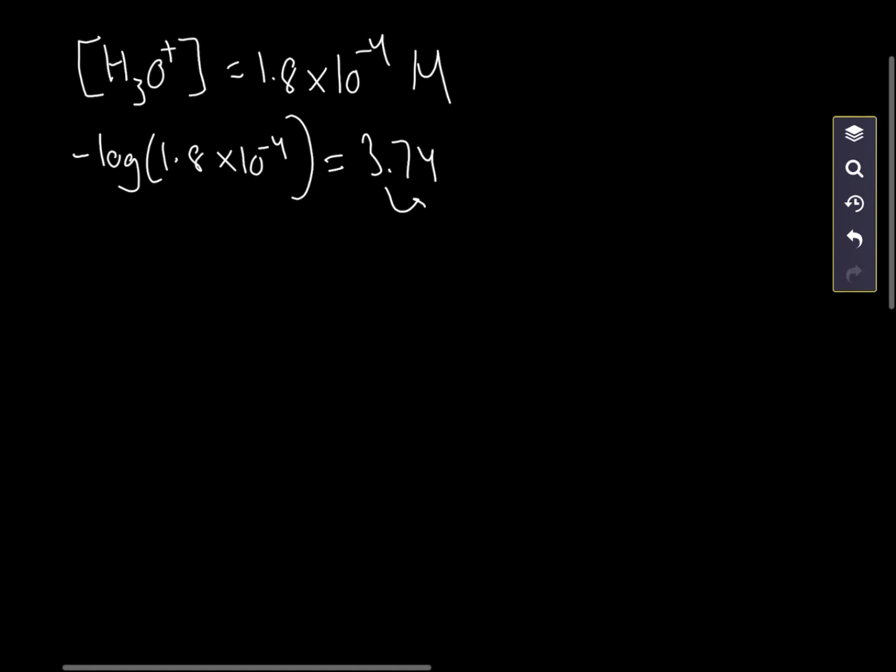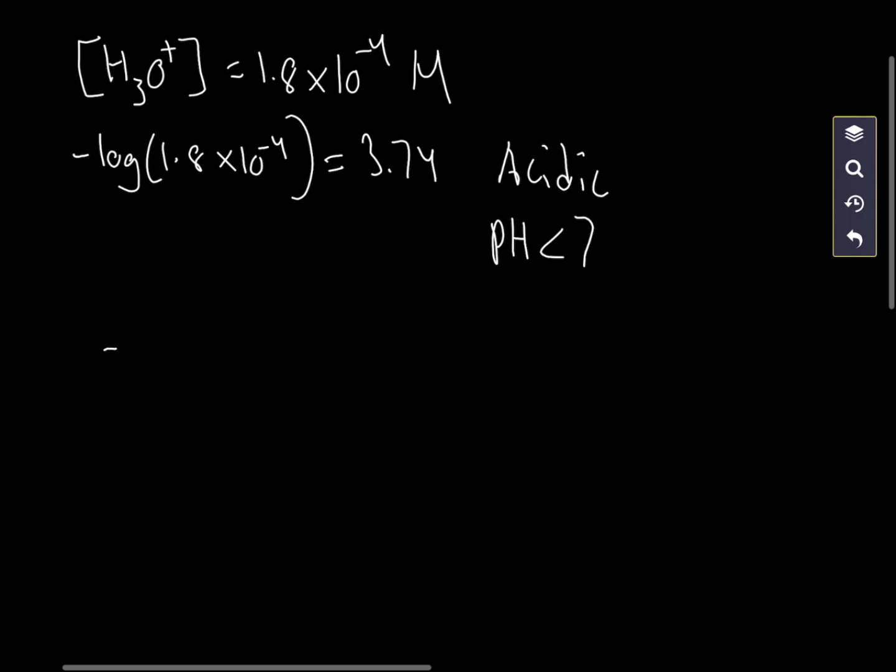Only the digits after the decimal count. So you would round to 2 places after the decimal, which is why your pH would be 3.74. And this would be acidic, because your pH is under 7.